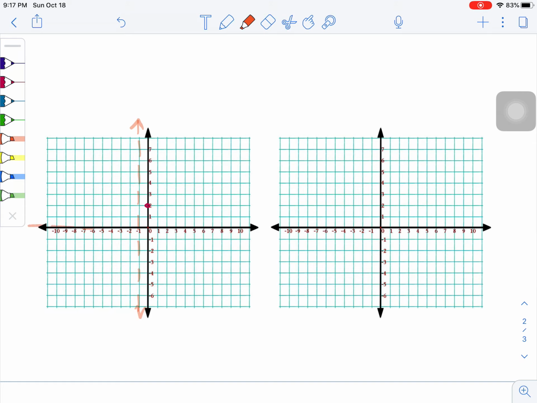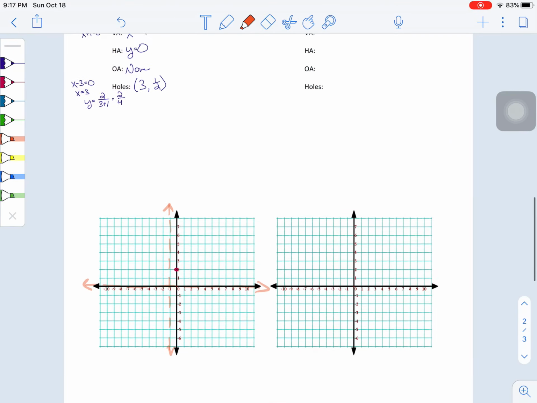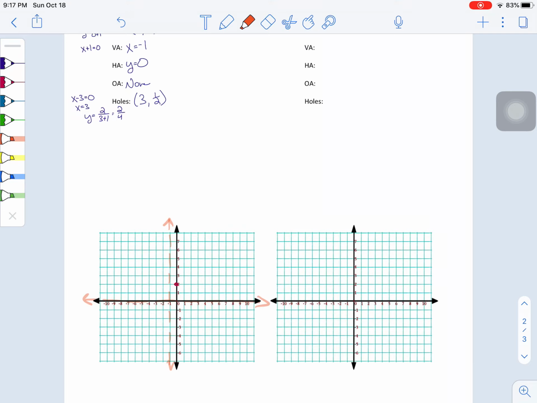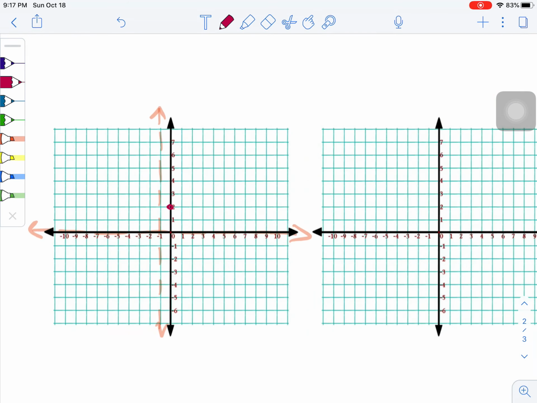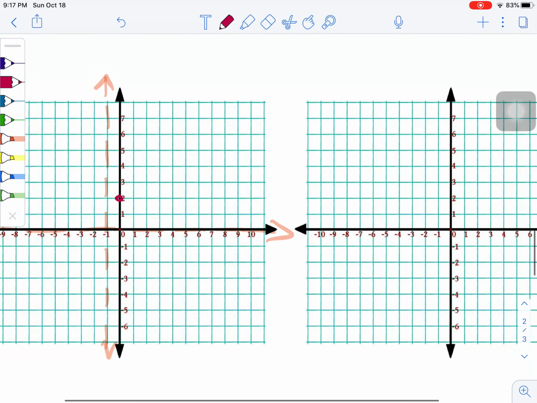So that's going to be the x-axis itself, which kind of explains why I don't have an x-intercept here. Now, that doesn't always happen, but it does explain a little bit for this one. And we have a discontinuity or hole at (3, 1/2). So I'm going to go to 3, go up to positive 1/2 here, and put in that discontinuity.